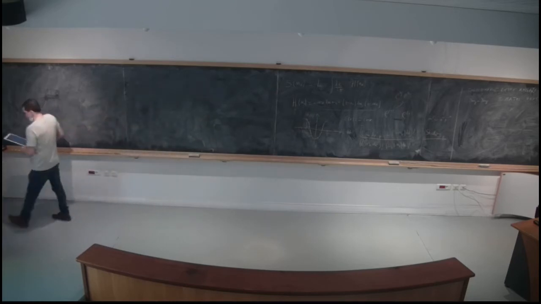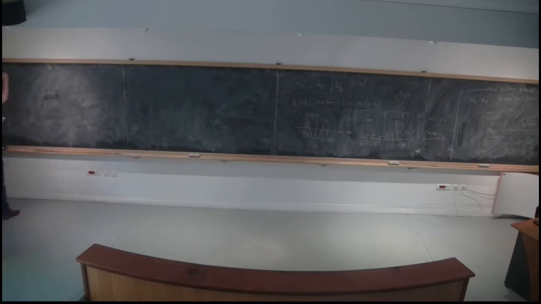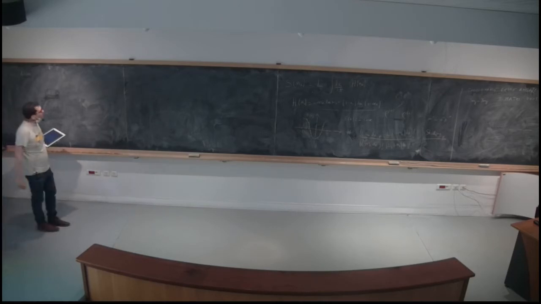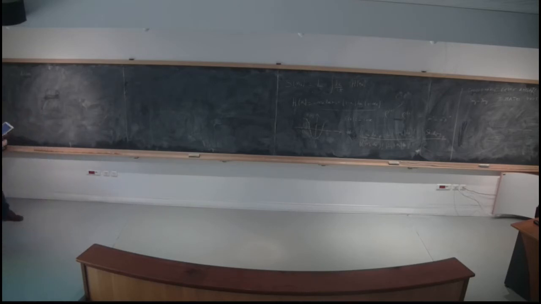I will consider the XX chain. This is, I would say, the minimal model of spin chains. It's really the simplest spin chain you can consider. So the Hamiltonian is the following.